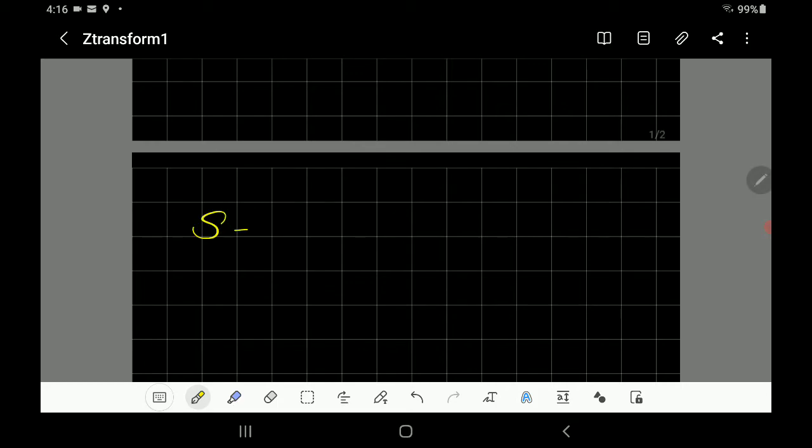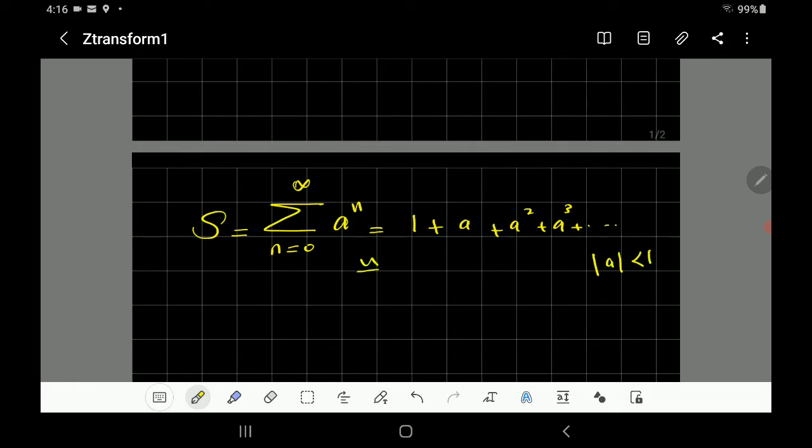For geometric series, we know that the sum of a to the power of n, when n goes from 0 to infinity, will be equal to 1 plus a plus a squared plus a cubed, and so on. If the magnitude of a is less than 1, a small number, you can approximate this as 1 over 1 minus a.